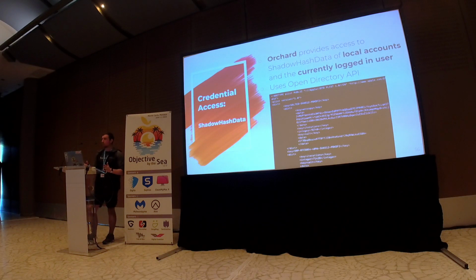Now it kind of makes sense that the data is cached though, because if the user is domain joined and they close their computer, restart, come back on and they can't connect to the domain, they still have to be able to authenticate in some way, right? So this data has to be cached somewhere. But you can just query it and dump it right here, and as you can see, yeah, there's a salted SHA-512 PBKDF2, and there's essentially the hash and the iterations needed to just plug it into John the Ripper or Hashcat or, pick your favorite hash cracking tool, and go through and dump it. Pretty easy there, and using Orchard, using Open Directory APIs, you don't actually have to spawn any processes to pull this information.